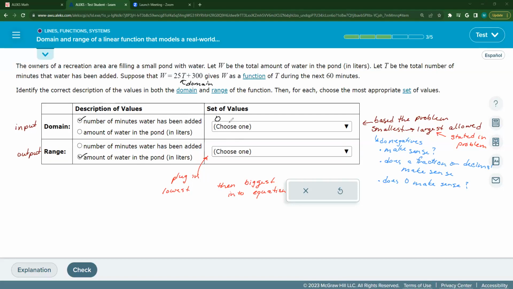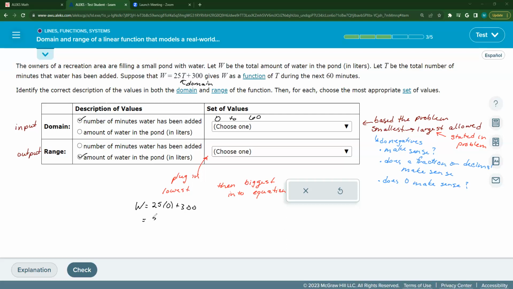I can do half a minute and think of that. So the time does work as fractions or decimals. So the longest that it's going to be on is 60 minutes. So 0 to 60. When we're plugging in our stuff, we've got W equals 25 times 0 plus 300.